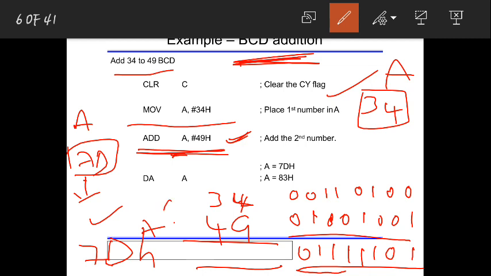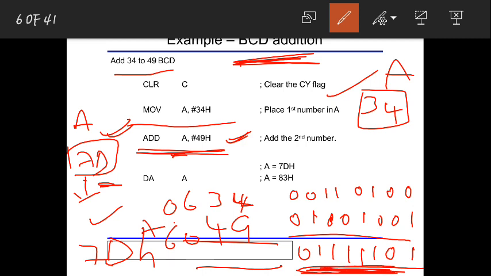If it is in the higher bits, you should add 60 to that. In this case, in 7D, the lower digit D is greater than 9, so to this result you need to add 06.